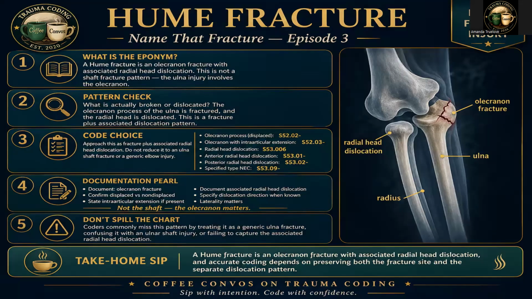Now, we do have options. So our olecranon process that's displaced is going to code out to the S52.02. When you have an intra-articular extension, it would be assigned to the S52.03 subdivision of the code. And then that radial head dislocation, the S53.006. And then you have options for anterior or posterior or specified type of dislocation, not elsewhere classified.